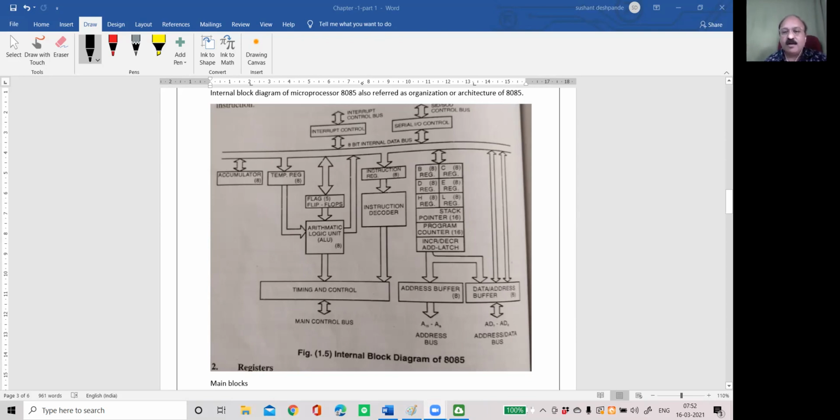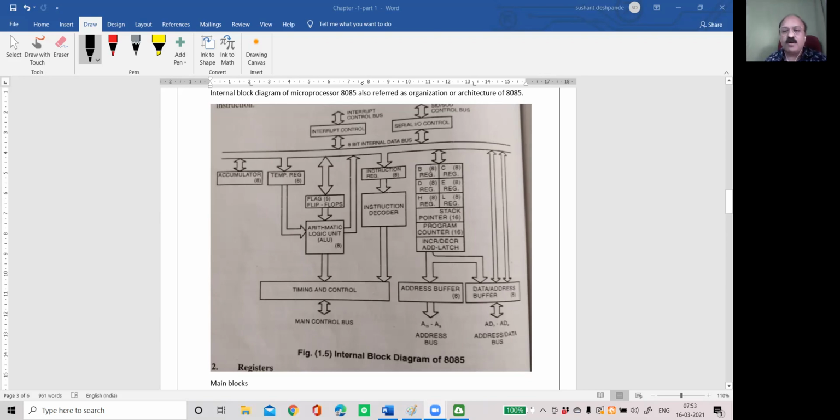That particular part is called as program counter. It is called as register. It is a set of flip-flops which is used to store the information during execution in the microprocessor. So the memory location or the address of instruction to be executed next will be stored in the program counter.